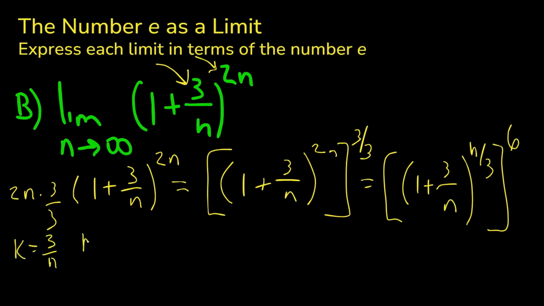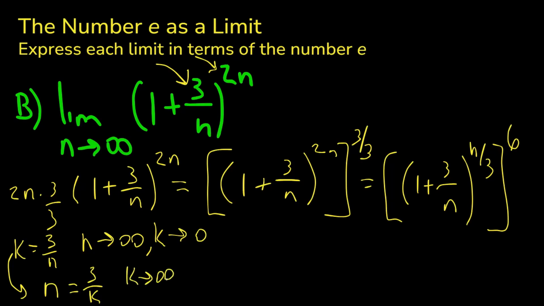And as n approaches infinity, k is going to approach 0. However, if we take that k equals 3 over n and solve it for n, then n equals 3 over k. And same thing, as k approaches 0, then n is going to approach infinity.